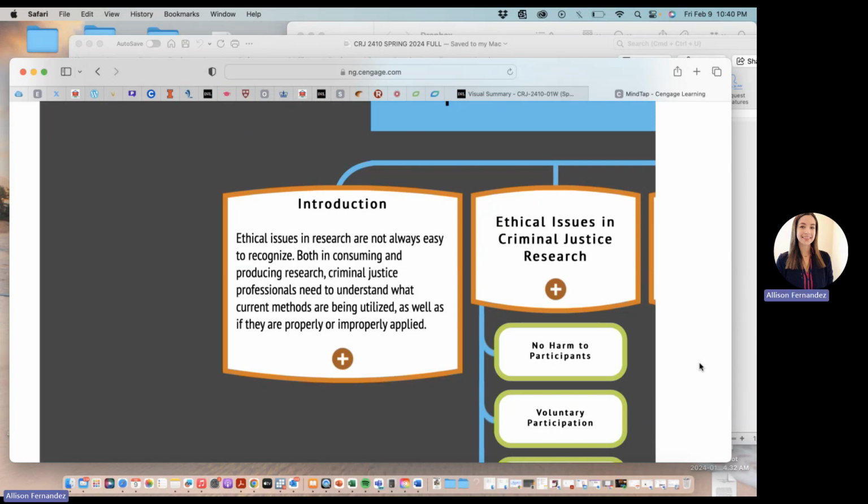But keep in mind in criminal justice that a lot of data analysis is done with secondary data. Primary data is data that you get yourself. So some criminal justice researchers are actually out in the field.